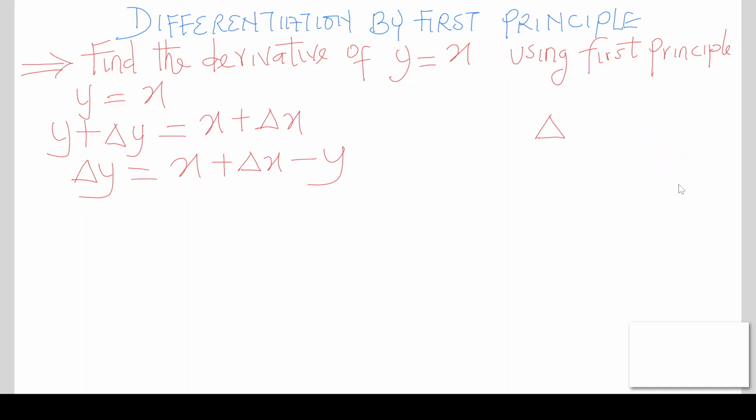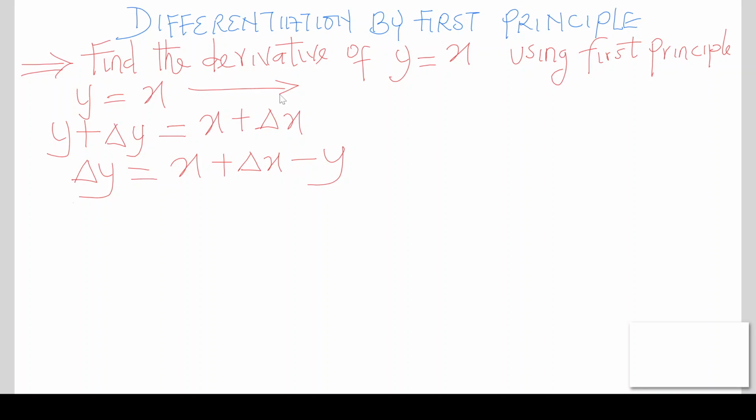So let's progress. So we have delta y equals x plus delta x minus y. Then we can put the value of y back. Recall that from the question, y equals x. So we now put the value of y, which is equal to x.